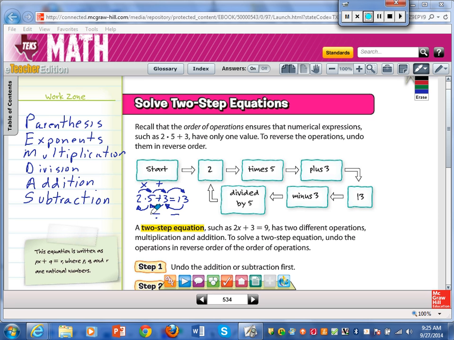Solving two-step equations. Recall that the order of operations ensures that numerical expressions such as 2 times 5 plus 3 have only one value. To reverse the operations, undo them in reverse order.